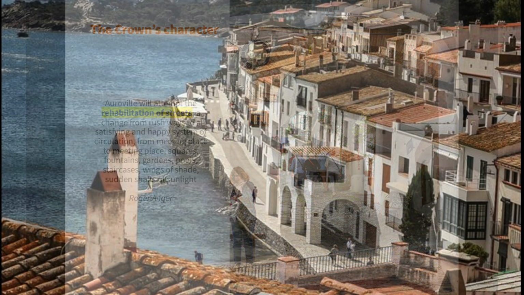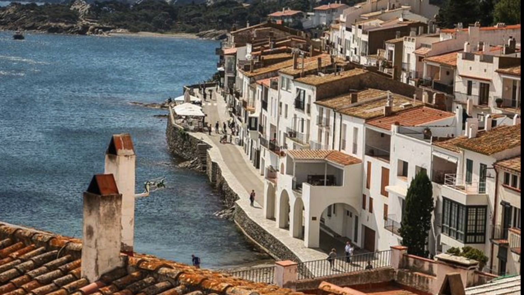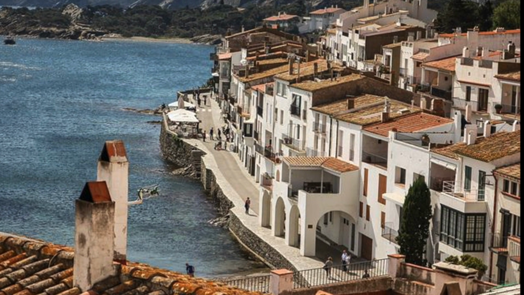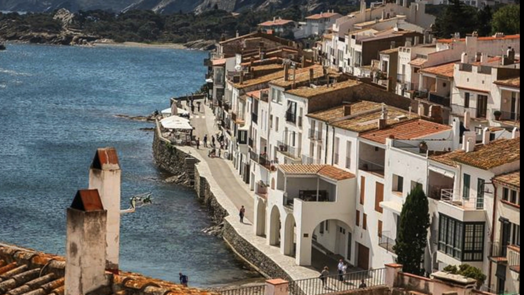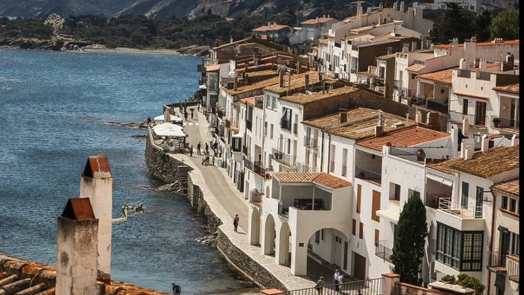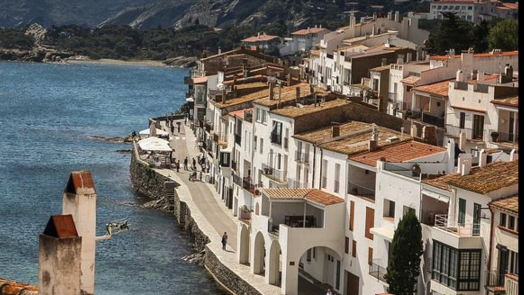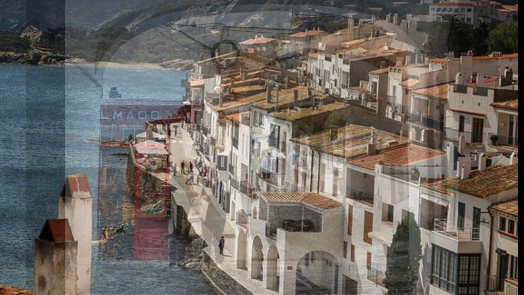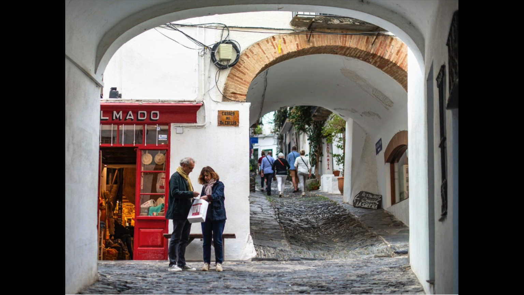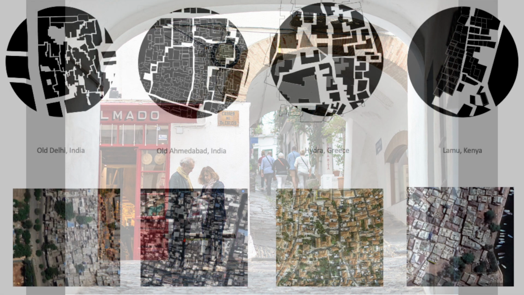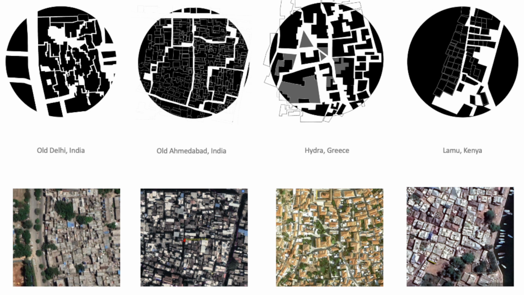And here are some examples that could be good references for the Crown. This is Kada case. They have only one road, which is peripheral at the water. Everything else is pedestrian, with only one ring road. There are no other vehicles, and the buildings sometimes have arcades. This is the same one from Kada case. Then we also studied Karlsruhe, Bologna, Venice, studying the urban fabric of cities with very strong pedestrian quality.